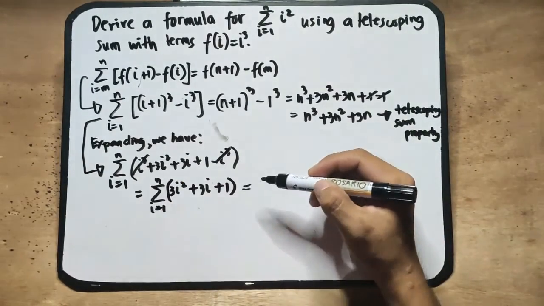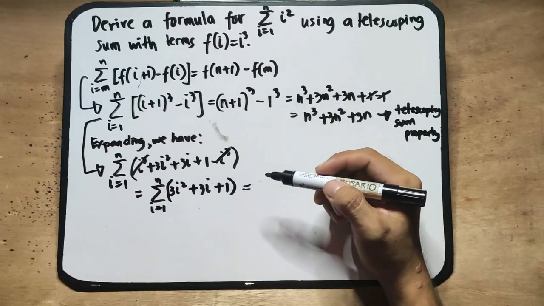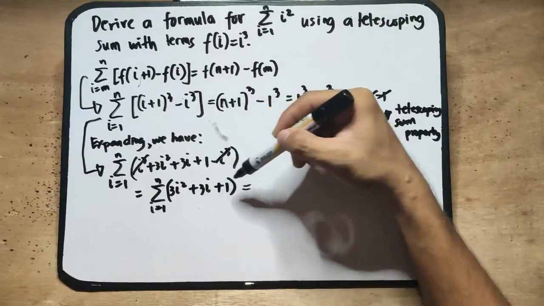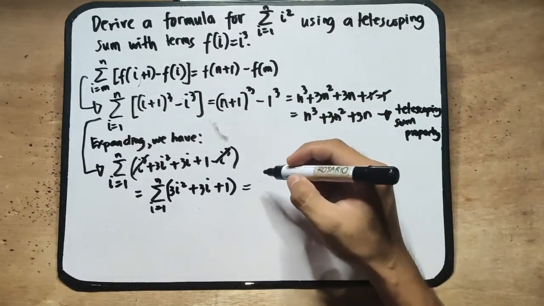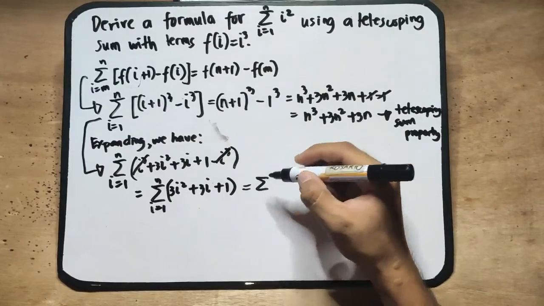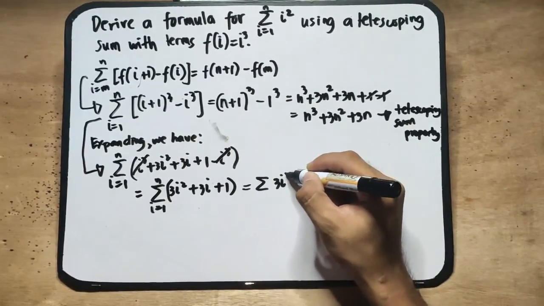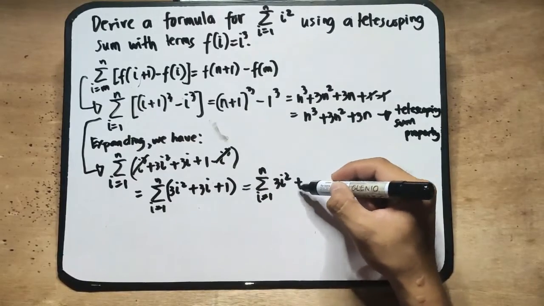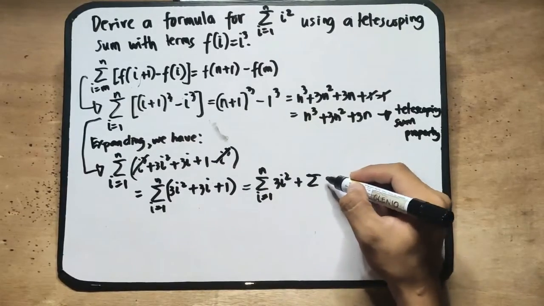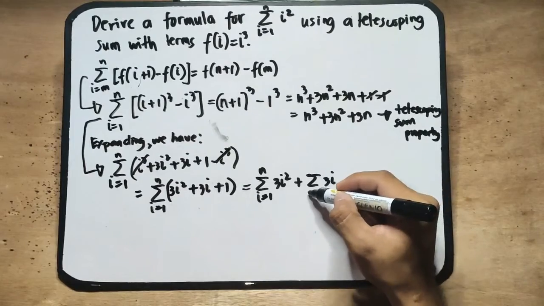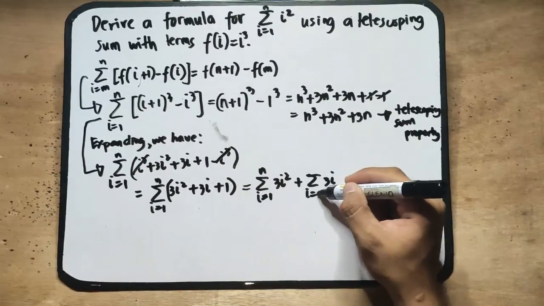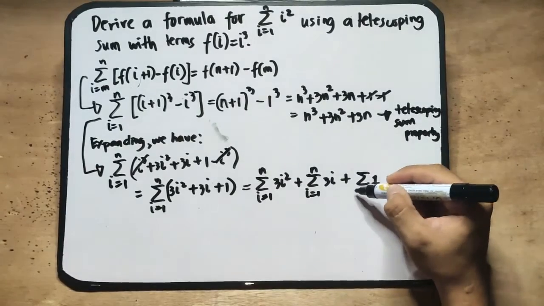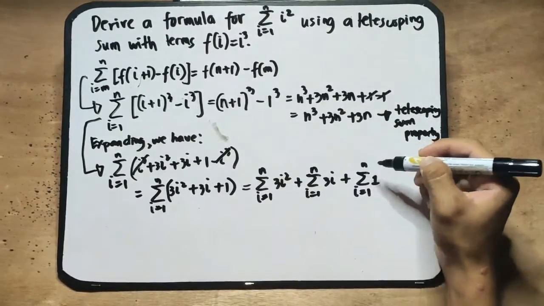So applying the basic properties of the sigma notation, pwede natin silang paghiwa-hiwalayin, lalagyan natin sila ng separate sigma notation. This will become the summation of 3i squared from 1 to n plus the summation of 3i from 1 to n and the summation of 1 from 1 to n.